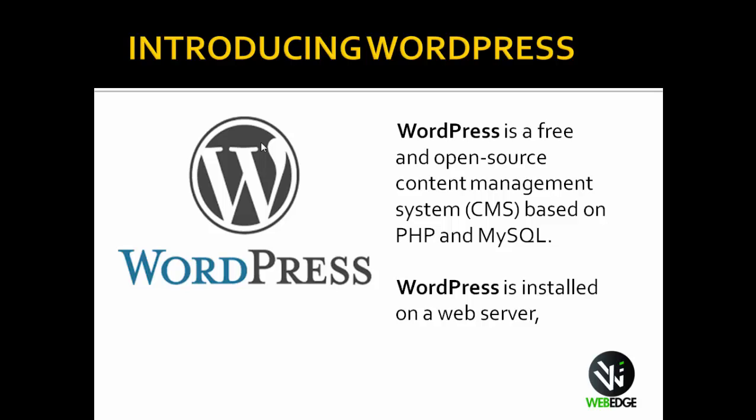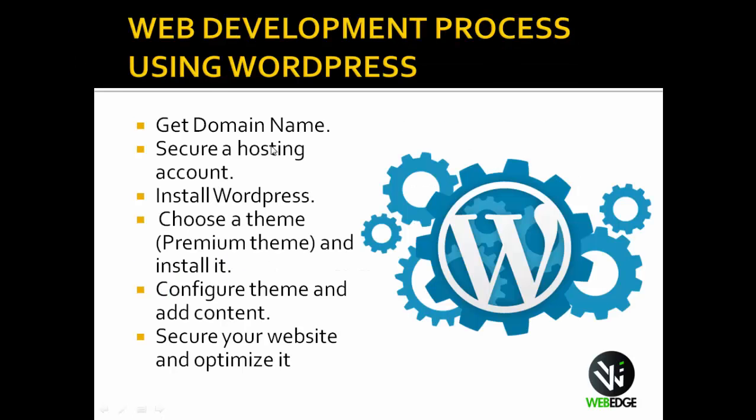You get now. Before you use WordPress, you must have gotten a server, because WordPress runs on a server. Obviously, PHP and MySQL, remember, they are server side. So for you to be able to use WordPress, you must have installed it on a particular web server. So that leads me to the process of using WordPress. The first thing you do is to secure your domain name and hosting account.